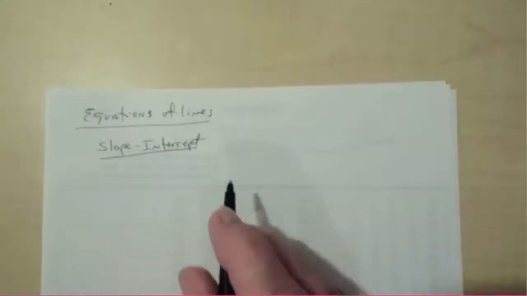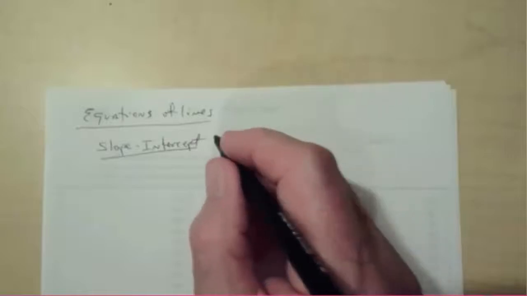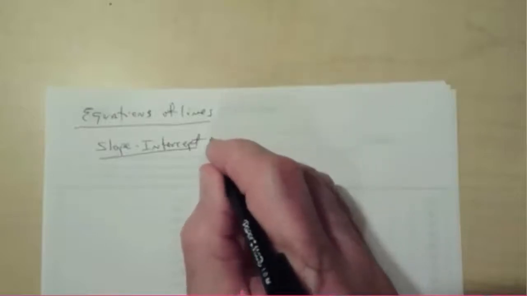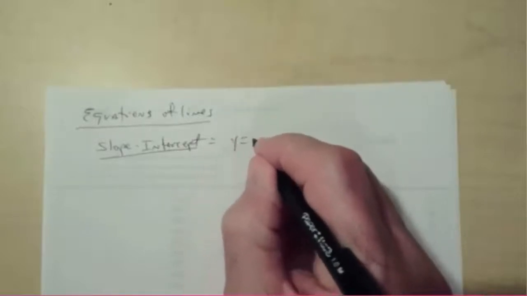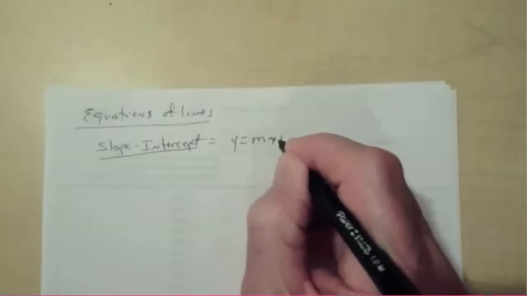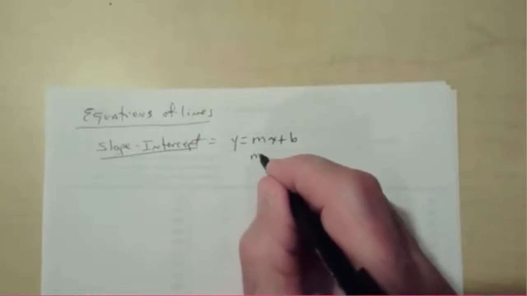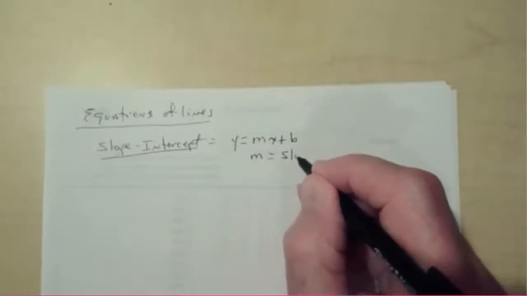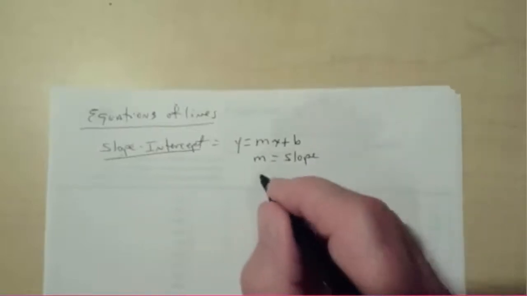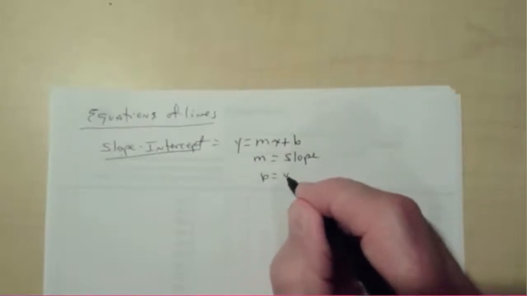And the form that this is in is y equals mx plus b, where m is the slope and b is the y-intercept.